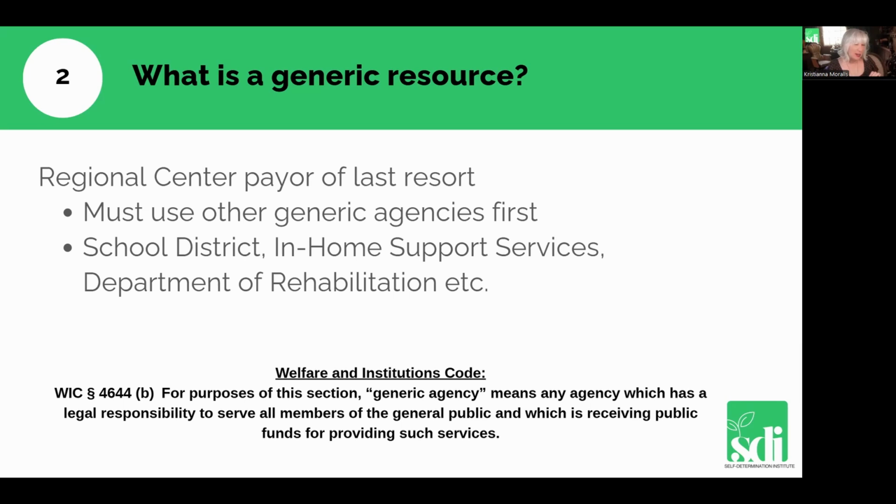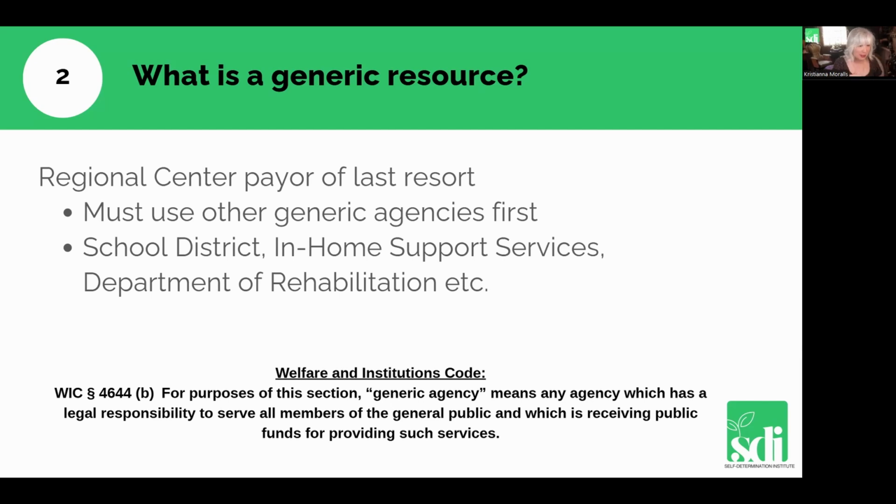the thing that I hear quite often is that regional centers misuse the term generic resource. They say anybody who is offering something for free, you have to use first. That is not correct. And I use this Welfare and Institutions Code all the time.